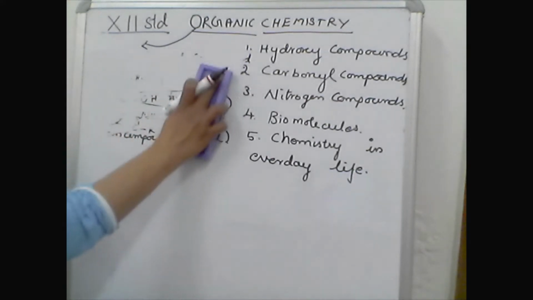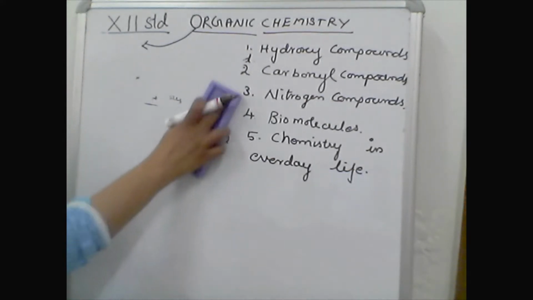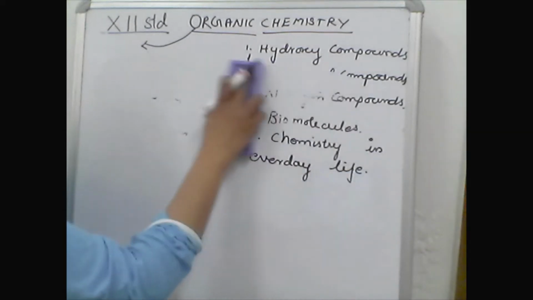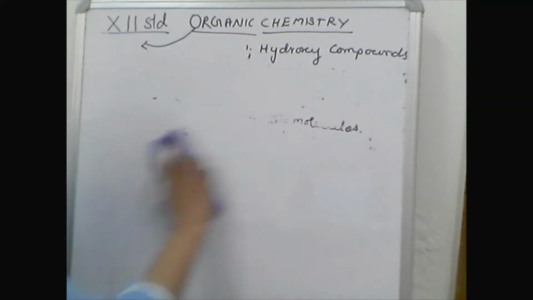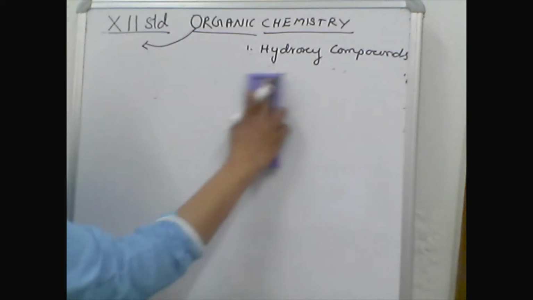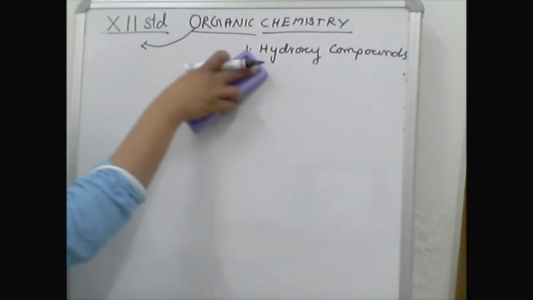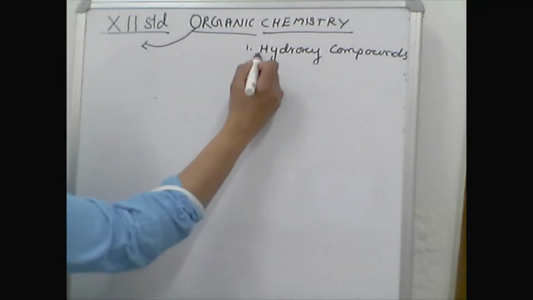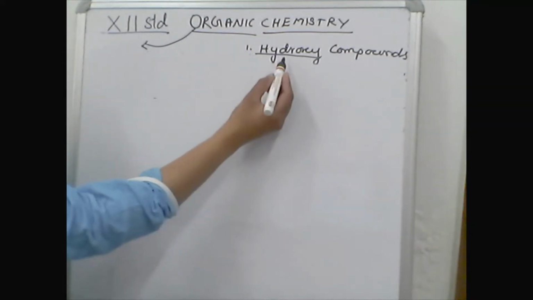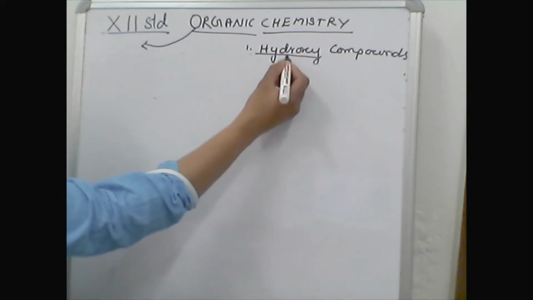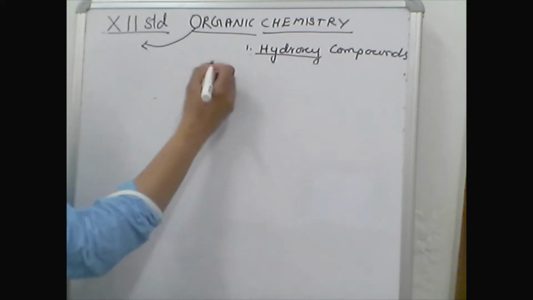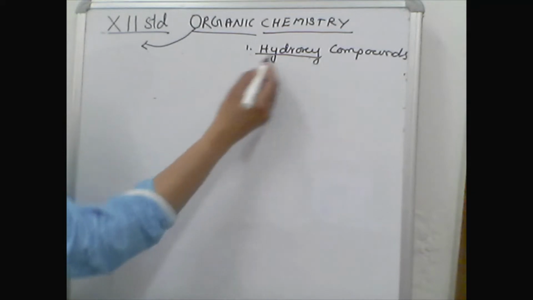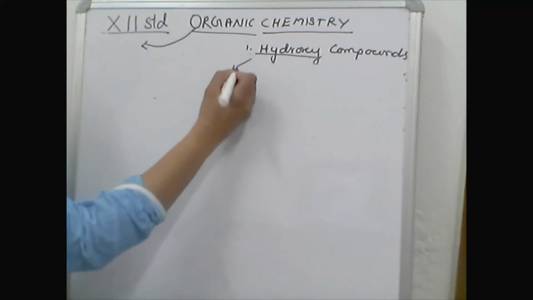Let's see. I will erase all the other chapters other than the hydroxy compound. So what is a hydroxy compound? By seeing this name only we can think what elements are present in hydroxy: hydro and oxy.